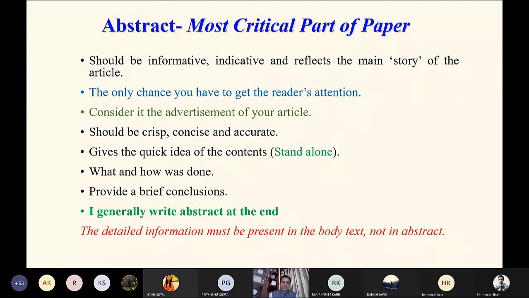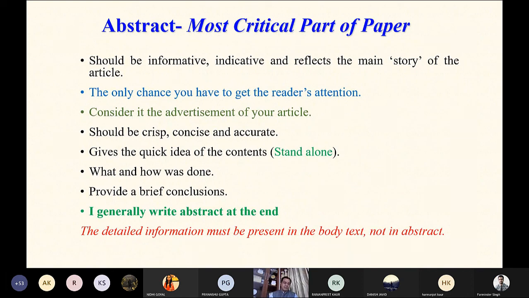I normally consider the abstract as an advertisement of the article or the paper. Being a marketing scholar and teacher, why do companies do advertisements? Just to promote their products and services, so that they can increase their sales and make more customers aware of their products and services. As a scholar and researcher, I consider the abstract as an advertisement of my paper.